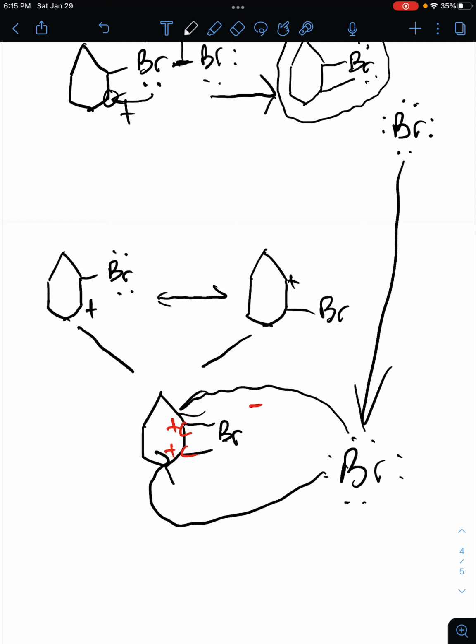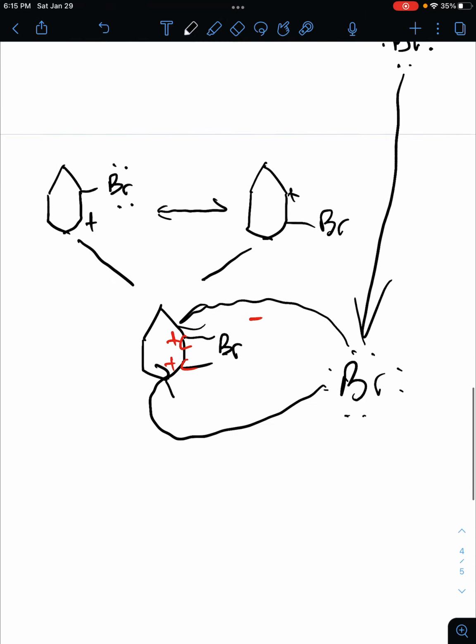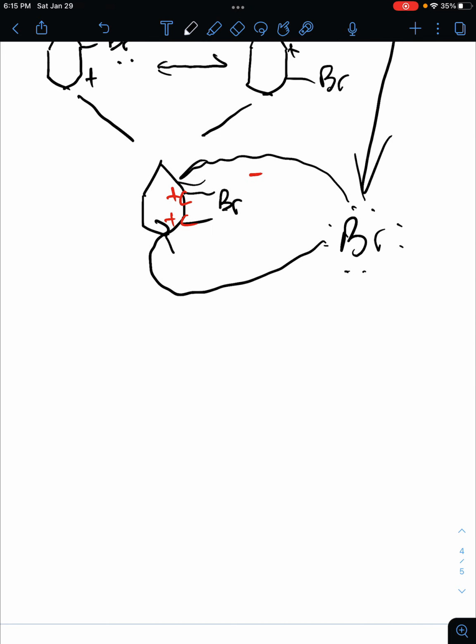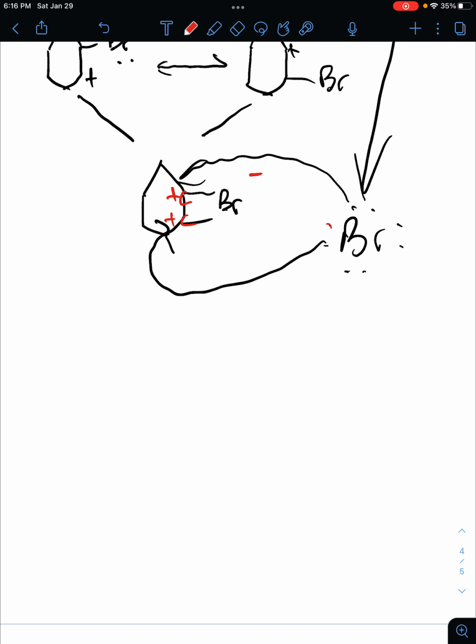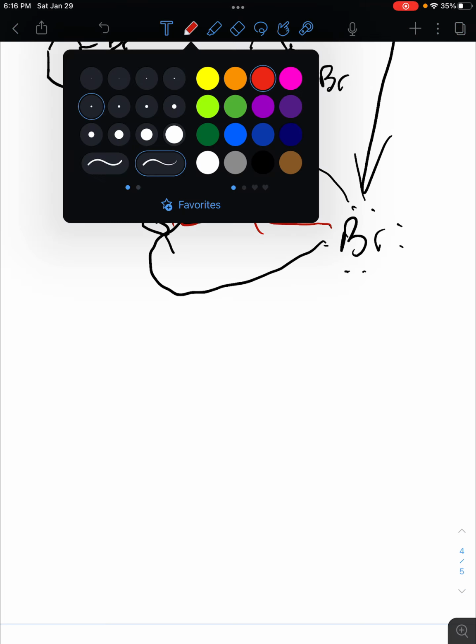You're still going to get the same product either way. It cannot attack from the front, obviously, because you've got the bromine in the way with this negative charge, and negative and negative are going to repel each other. So it's going to attack from the back side, one of these positive charges.